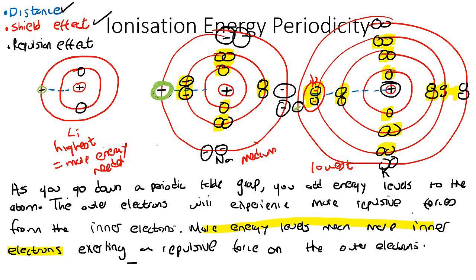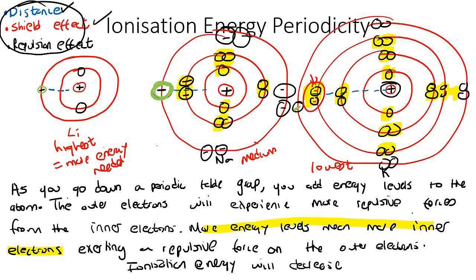So we can say then ionization energy will decrease. For the shielding effect, I should have ended that sentence with ionization energy will decrease. All of these factors cause the ionization energy to decrease.